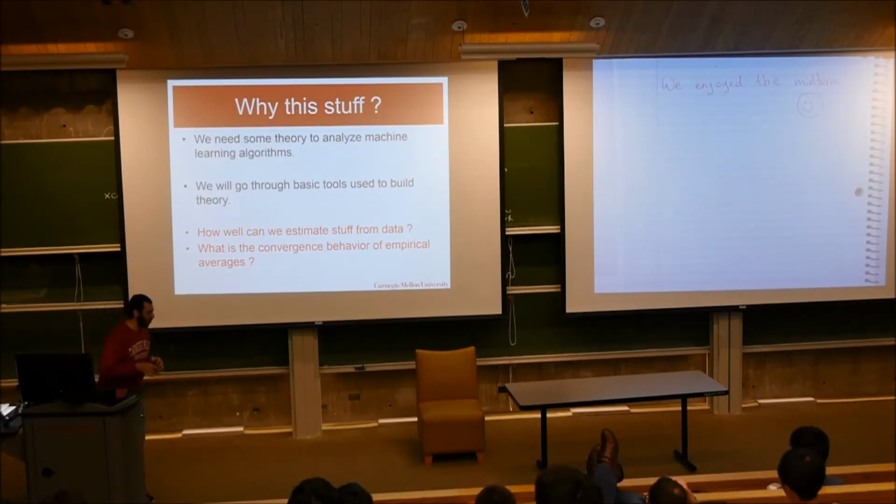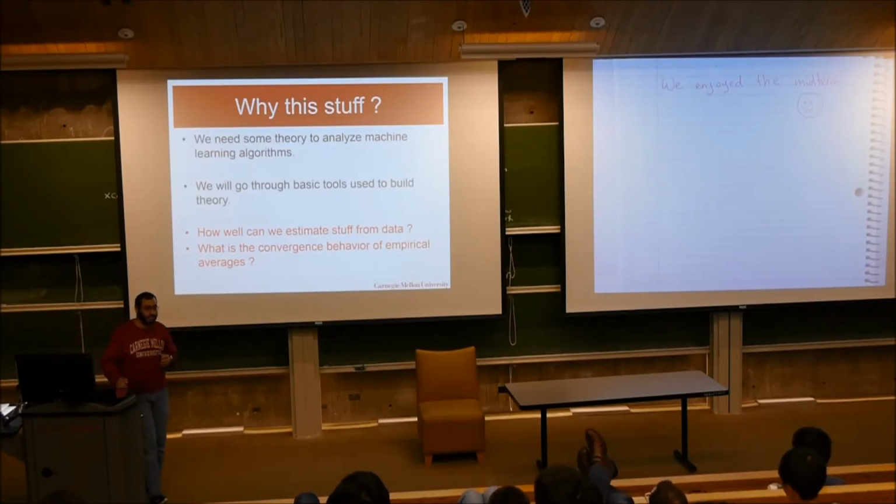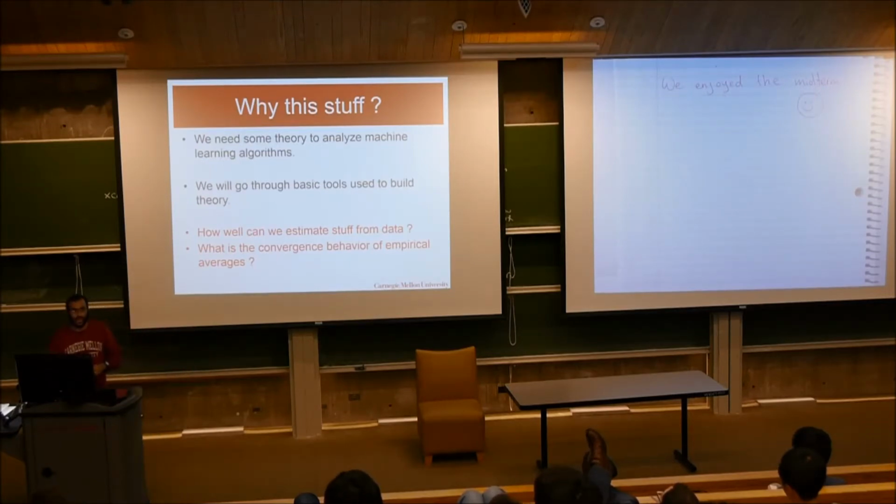We will focus on estimating averages. We have data coming from some distribution. We estimate the sample average, or the empirical average. How good is the empirical average as an estimate of the true mean of the distribution? And how does it converge to the true mean as we get more and more data? That's the motivation behind this recitation.